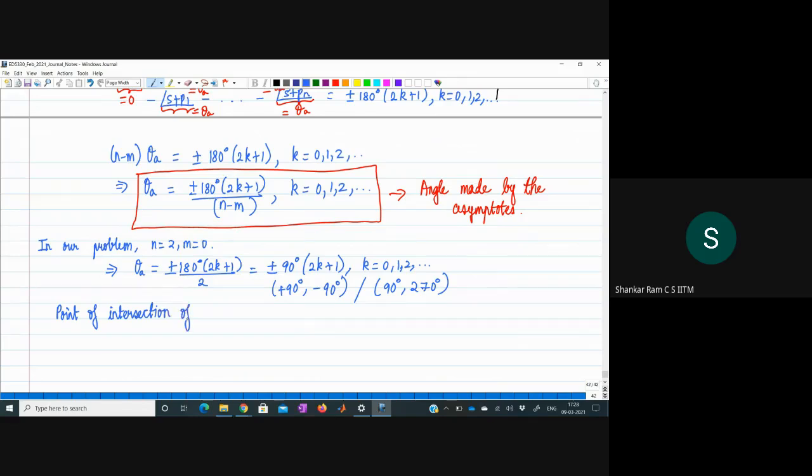The point of intersection is going to be equal to the sum of the open loop poles, which are 0 and minus 4, minus the sum of the open loop zeros, which is nil, divided by n minus m, which is 2 minus 0. So the answer is minus 2. So minus 2 is the point of intersection of the two asymptotes, as far as this particular problem is concerned. So what have we done in this step?